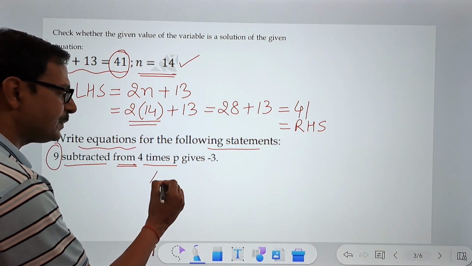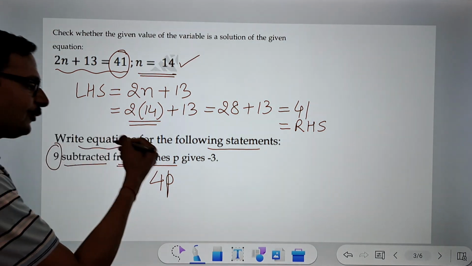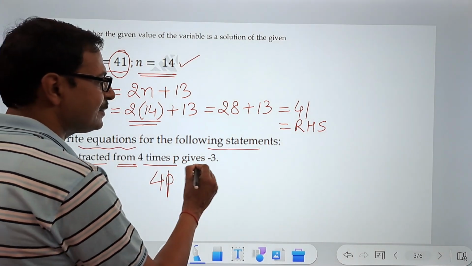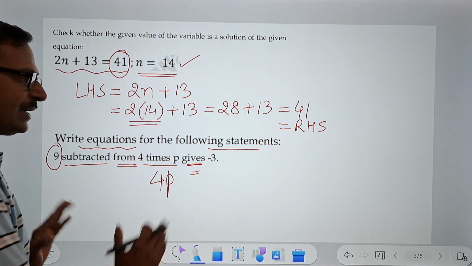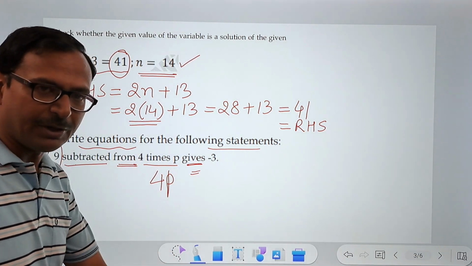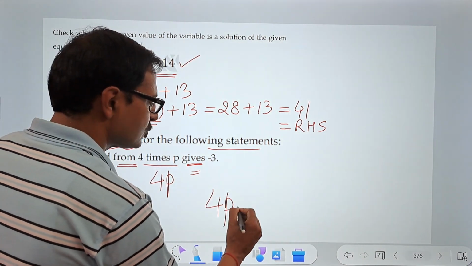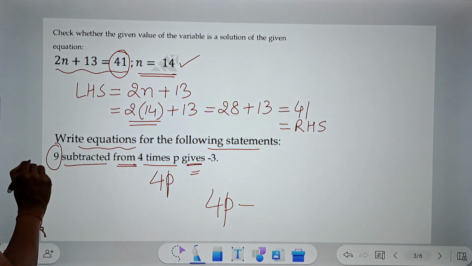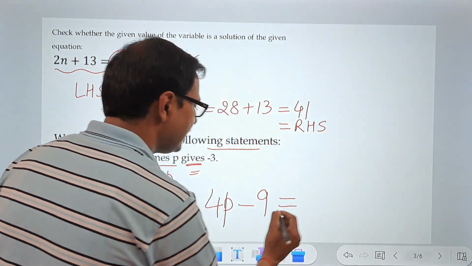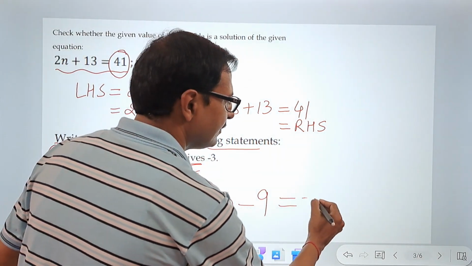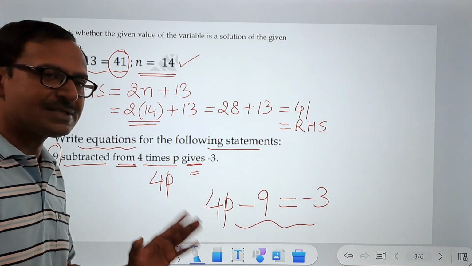If it is 4 times p, this is 4p. And we are subtracting 9 from this. Gives means equal to. So if you know these basics, then I think this question is not going to trouble you. We are subtracting something from 4p. So subtract what? 9. 9 subtracted from 4p. Gives means is equal to minus 3. That is the equation form of this particular statement.